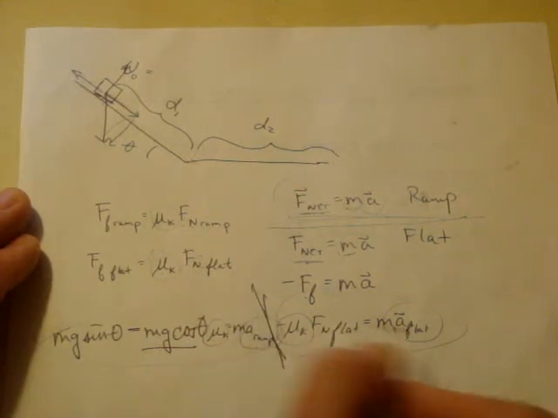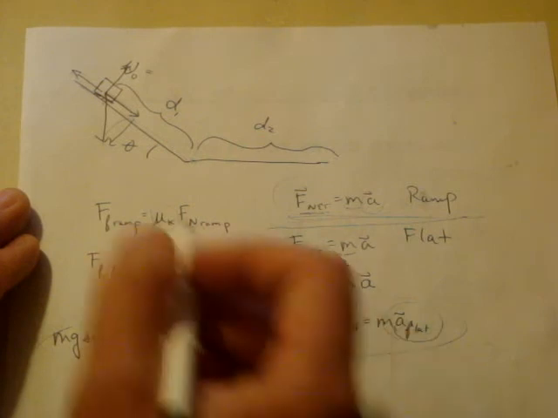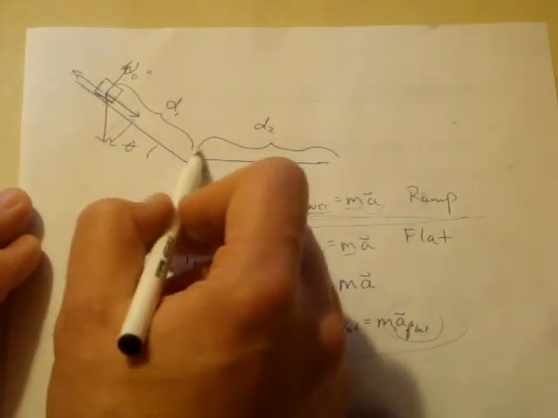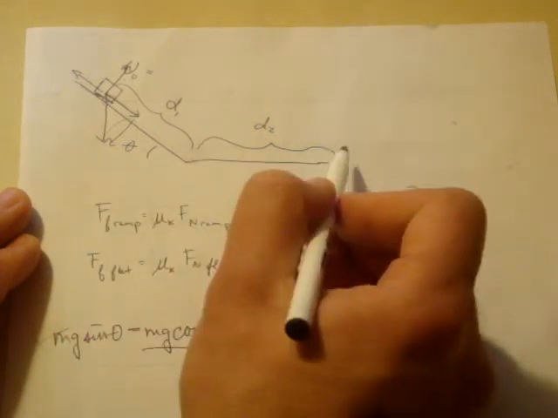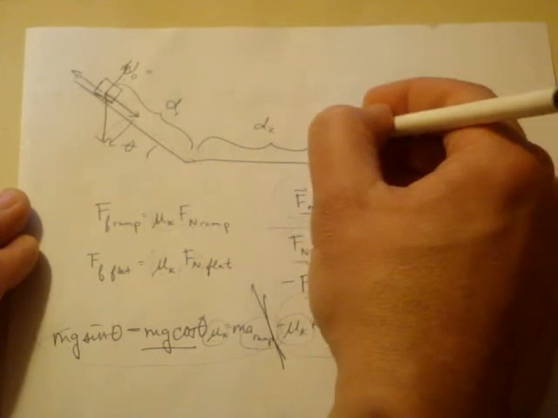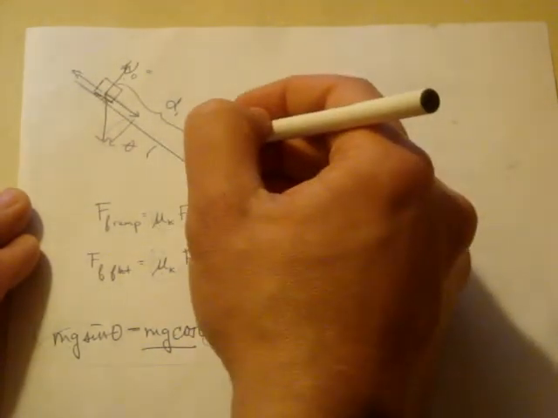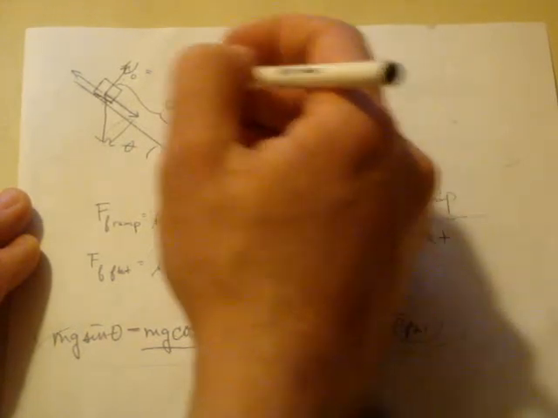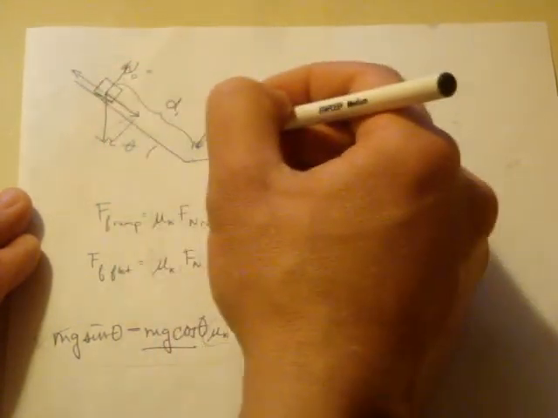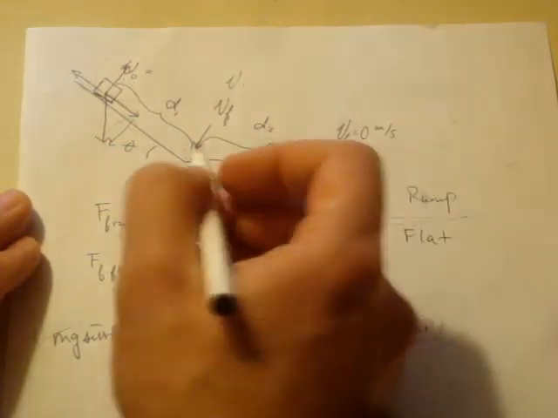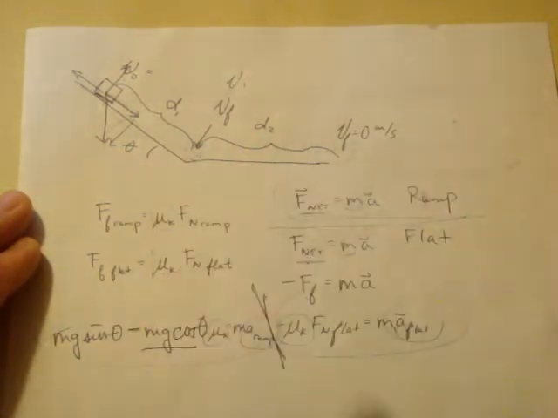But how do we find each of these unknowns? That might be a little bit tricky. We're told what the initial velocity is here. We don't know what the velocity is at this point, but we do know what the velocity is when it stops moving. We know that the final velocity over here is equal to 0 meters per second. We know that the velocity inside here is the final velocity for the point where the block is coming down the ramp, but it's also the initial velocity for when we consider the block moving along this flat portion.